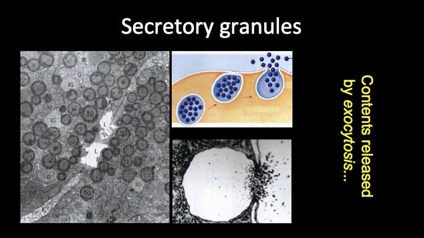So vesicles or granules are really canisters of proteins that have been produced by the ribosomes on the rough endoplasmic reticulum from the template messenger RNA, and that template messenger RNA was produced in the nucleus as a duplicate of a particular gene.